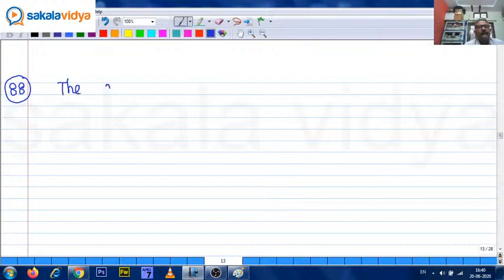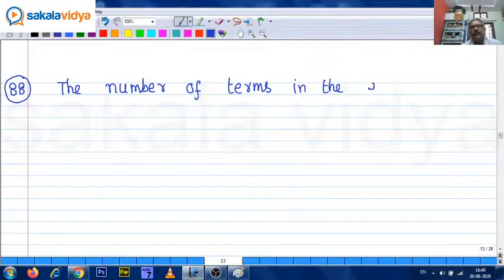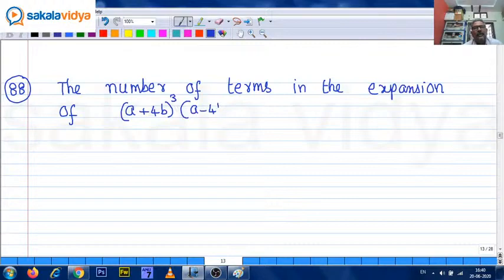The number of terms in the expansion of a plus 4b whole cube times a minus 4b whole cube raised to 2, or whole square.